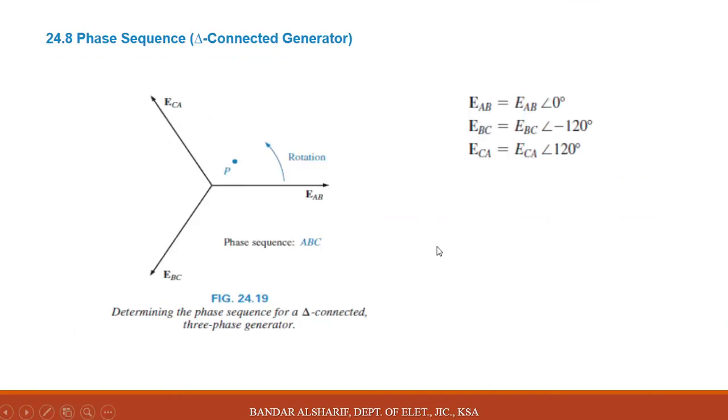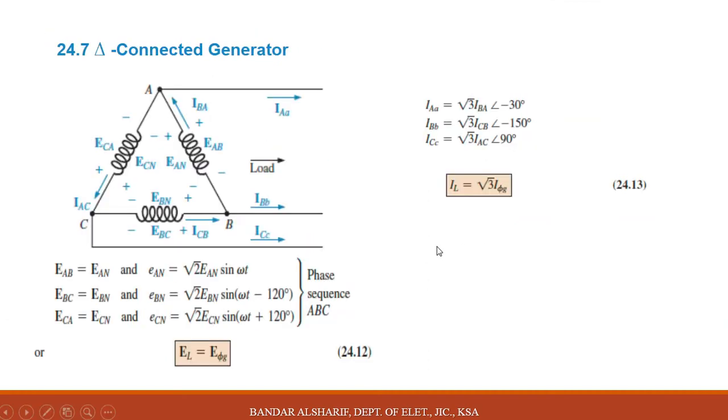Okay, my students, today we'll start talking about delta connected generators and delta systems in general. Section 24.7. Here you can see the delta connection, as we mentioned in the previous lecture.